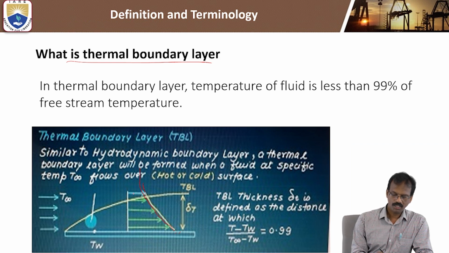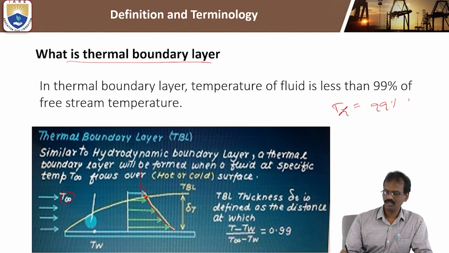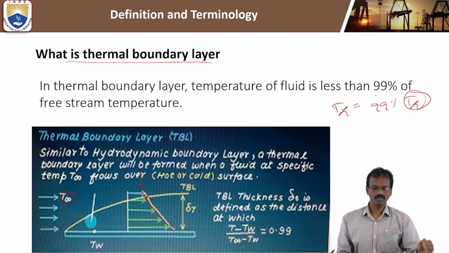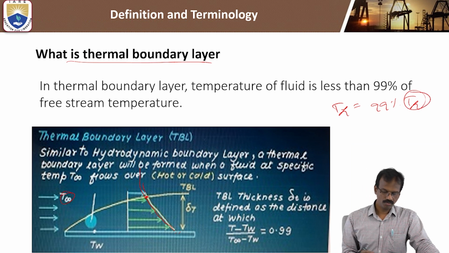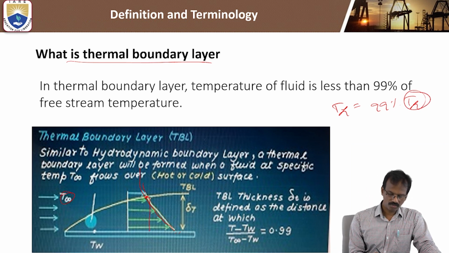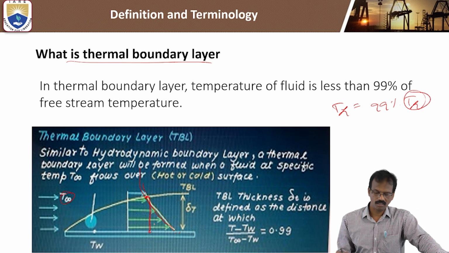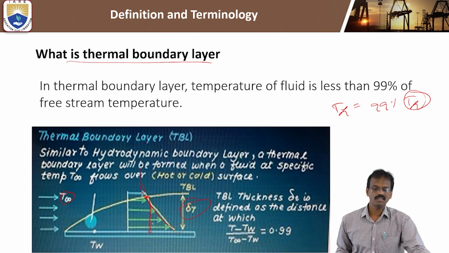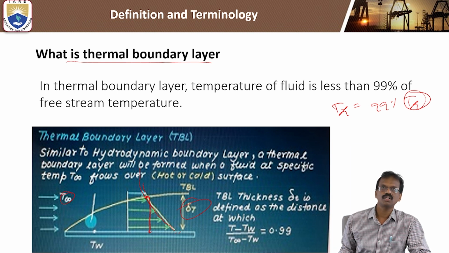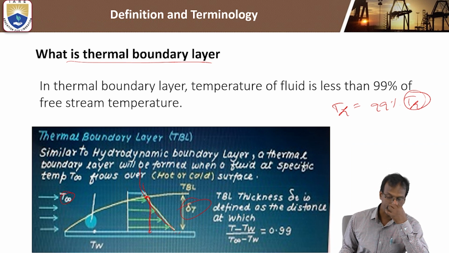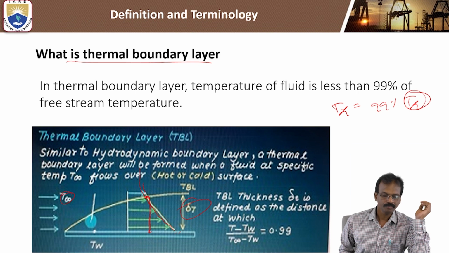At a particular point, this temperature is equal to the fluid temperature, T infinity, not completely equal, 99% of T infinity. So the distance from that point to the surface is called the thermal boundary layer. These two things, the velocity boundary layer and the thermal boundary layer, you have to note.